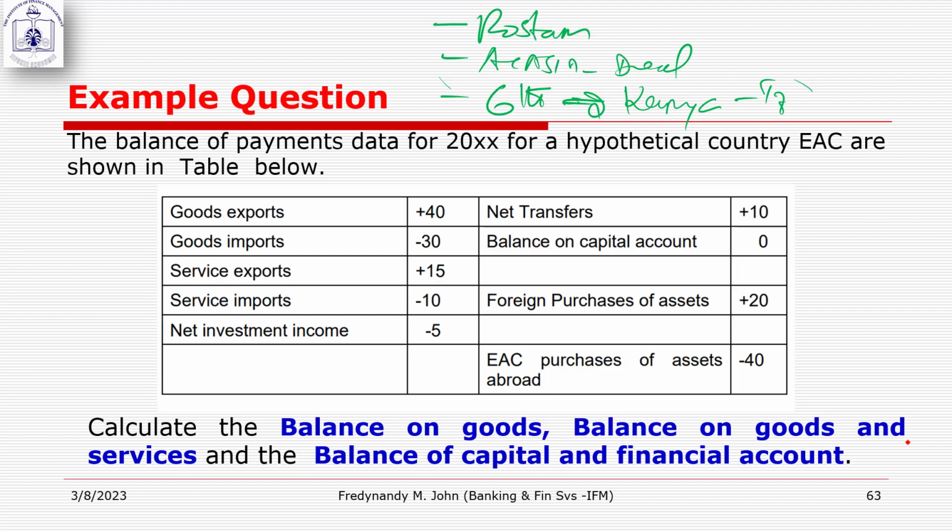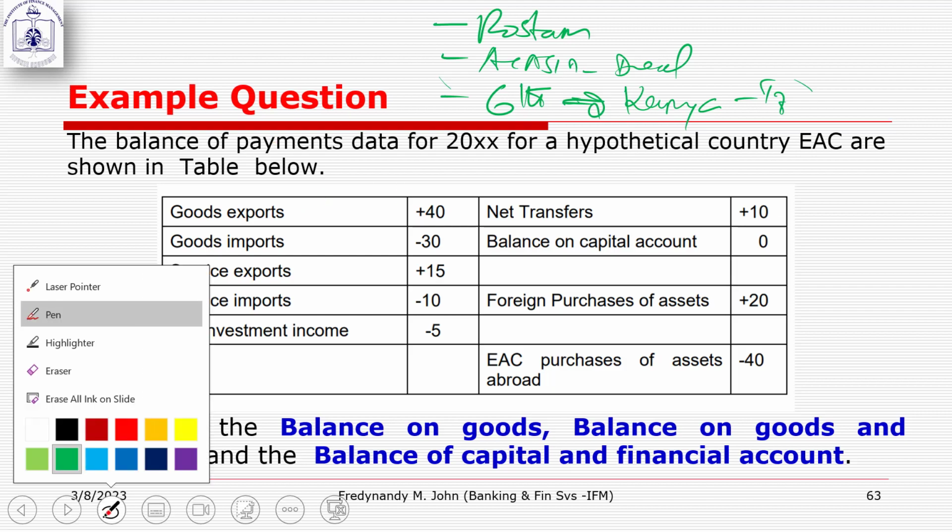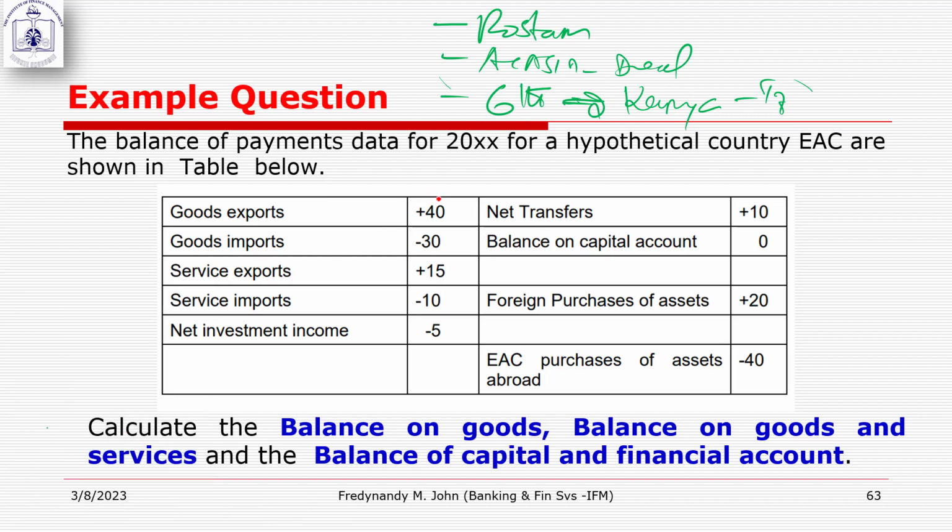So you see here, we've been given a balance of payment of a hypothetical country which has these items. Remember, I mentioned to you earlier, when you see a positive sign, it means it is inflow. And when you see a negative sign, it means outflow. Cash outflow, funds outflow.